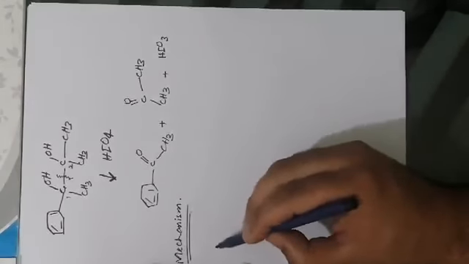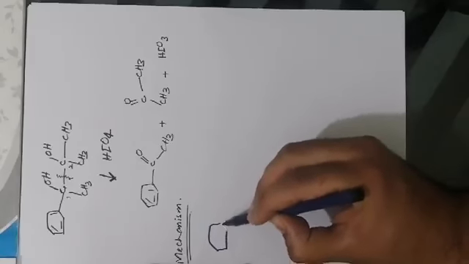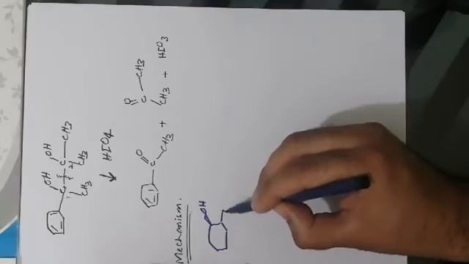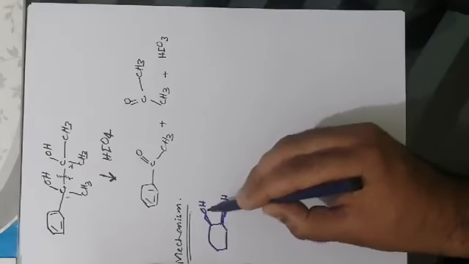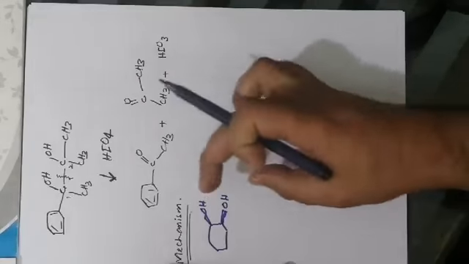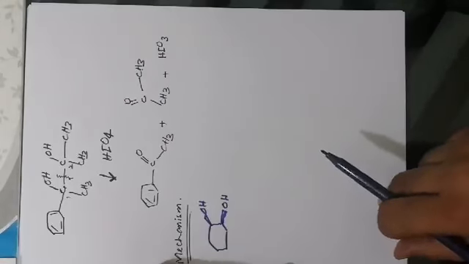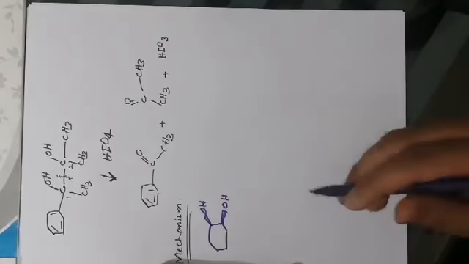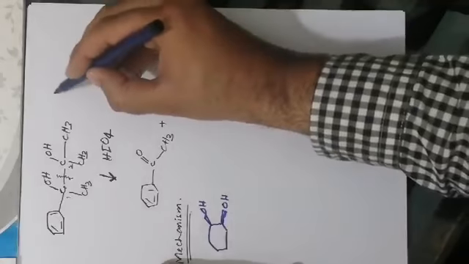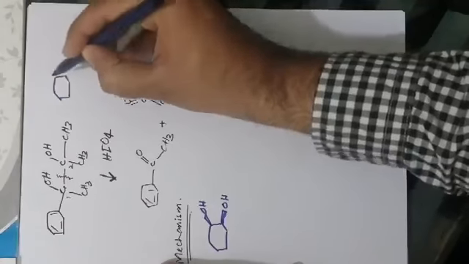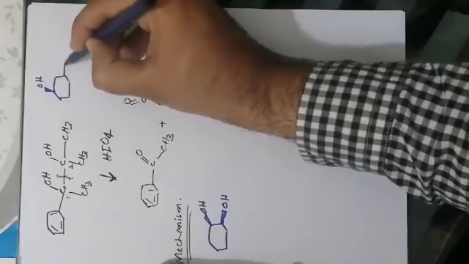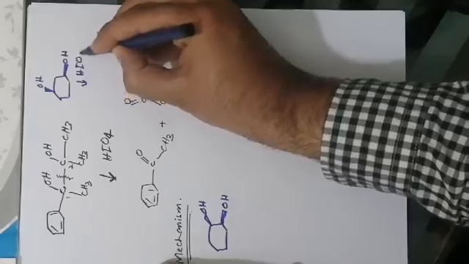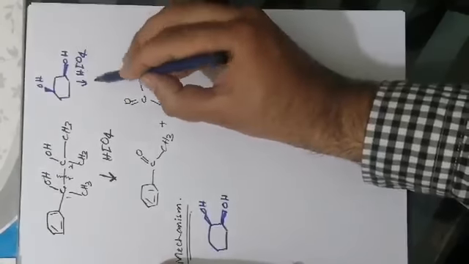Let's start with a single compound, that is cyclohexane 1,2-diol. These two hydroxyl groups are vicinal to each other. Remember, if there were any spacer, then there wouldn't be any reaction. For example, if you are going to react this compound with periodic acid, there would be no reaction.